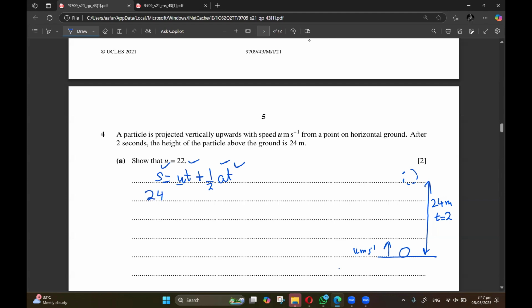So 24 is equal to u times 2 plus half times negative 10, since the displacement is in this direction and the acceleration is in this direction, times 2 squared. So 24 is equal to 2u minus 20, 2u is equal to 44, u we get is 22 meters per second.